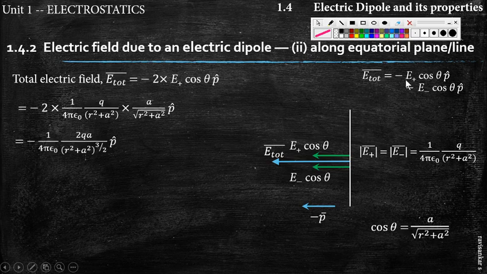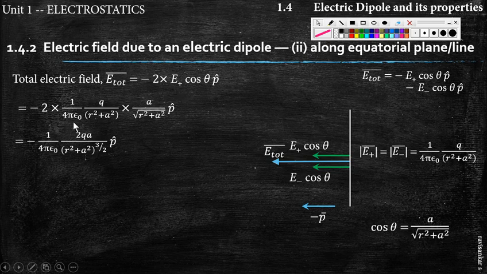You can see here both are same, E plus and E minus are equal. So in place of E minus I can put E plus. So what happens to this equation now? Minus 2 into E plus cos theta p cap. So minus 2 into E plus is given by this value. You can write the magnitude simply as E plus, or you can write it like this also, E plus vector modulus.